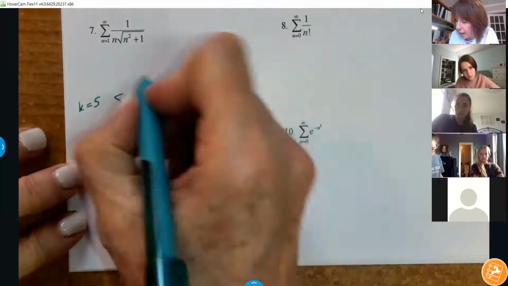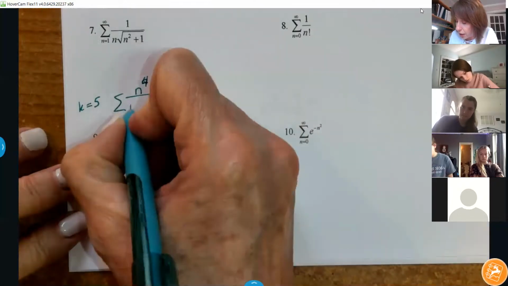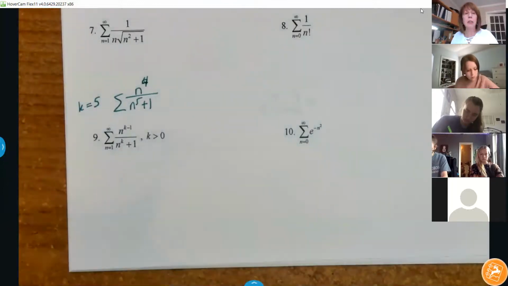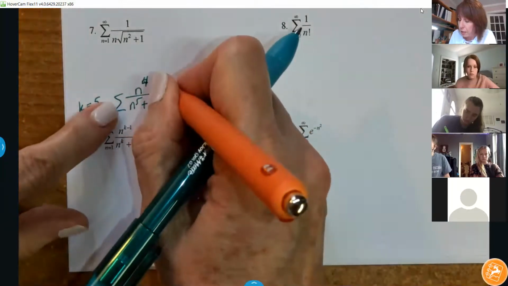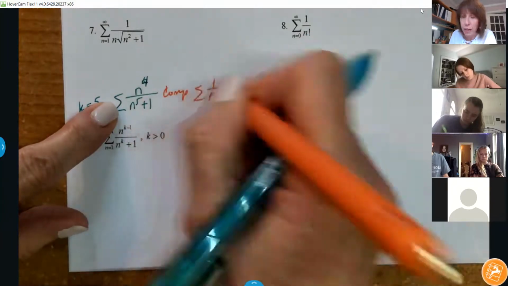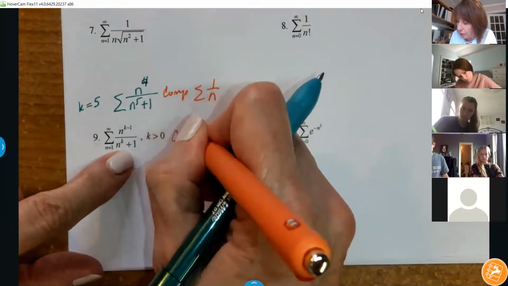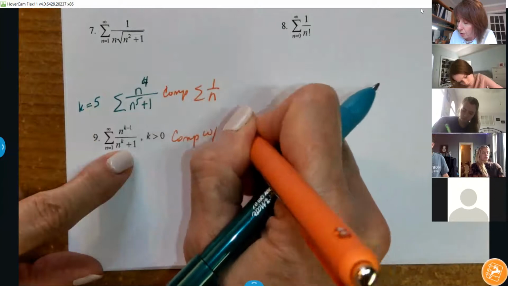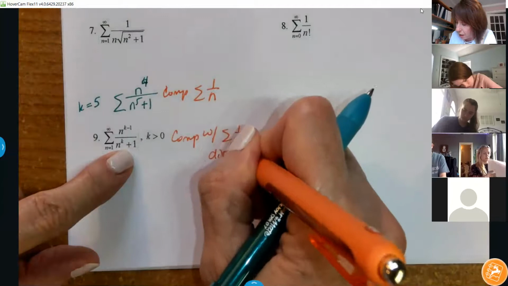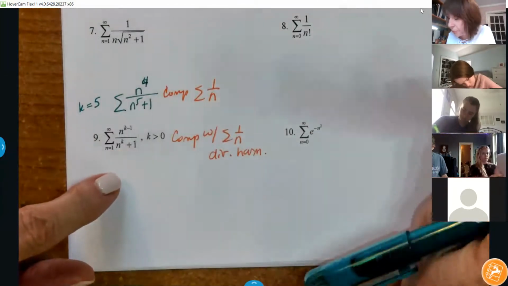If I had that, I'd have n to the 4th over n to the 5th plus 1. Now I see this behaves like 1 over n, so we're going to compare with the series 1 over n, which is our diverging harmonic, or you can say diverging p-series, either way.